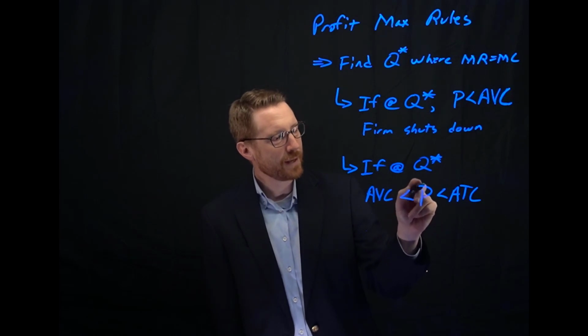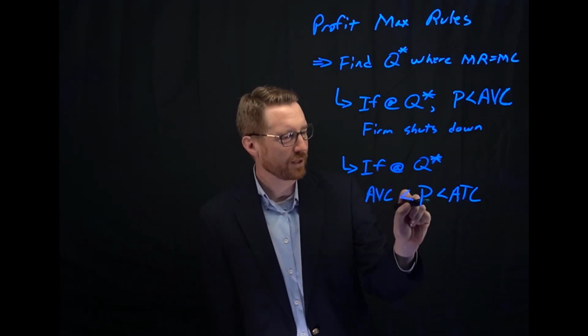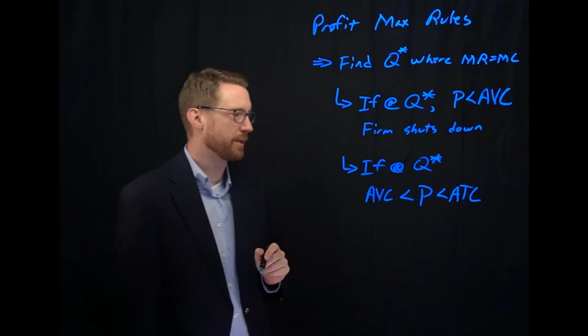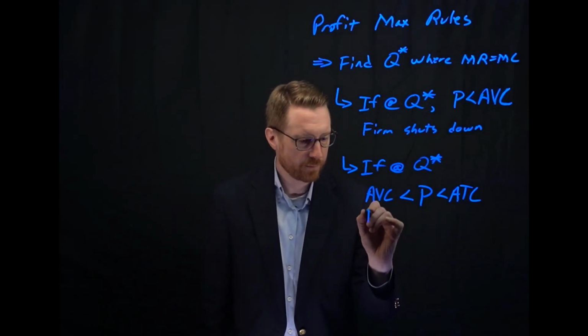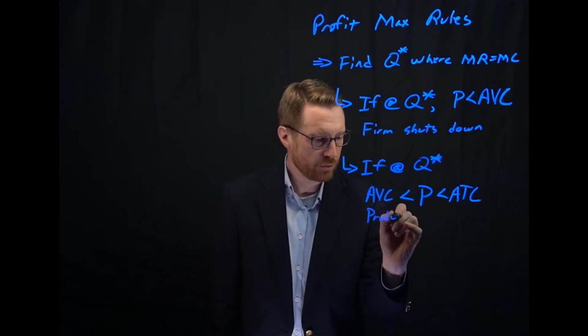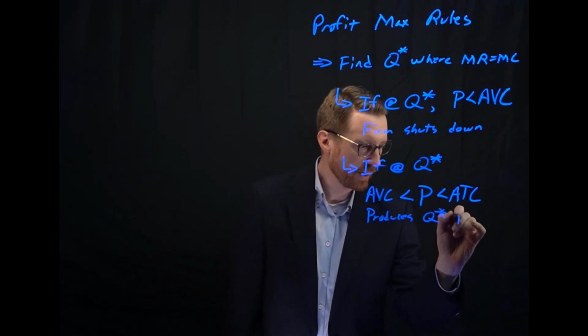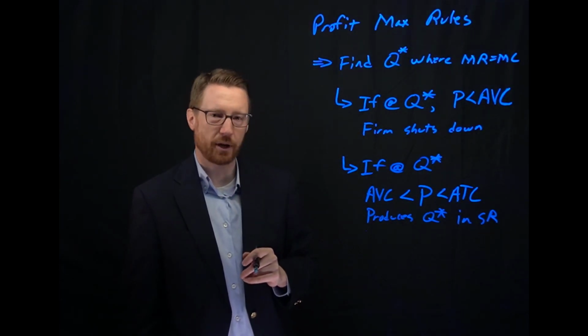So that means when they sell and produce, they make a little bit off of it that they can put towards rent, but not enough to cover all the rent. So in that case, what should the firm do? The firm produces Q star in the short run, while their fixed costs are fixed.